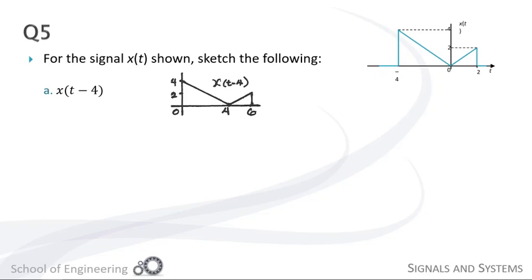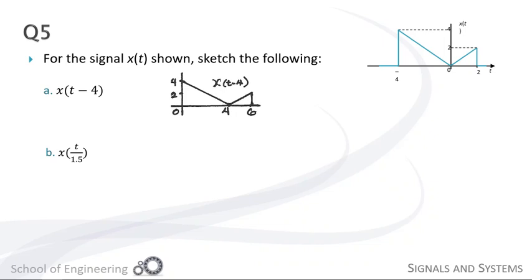What about the next one, b? t over 1.5. What does that do? So you're saying it compresses it. He says it compresses it, he says it makes it longer, in other words it expands it.